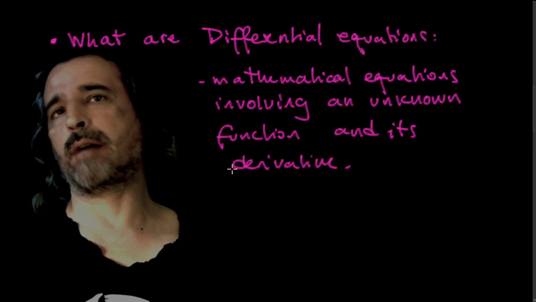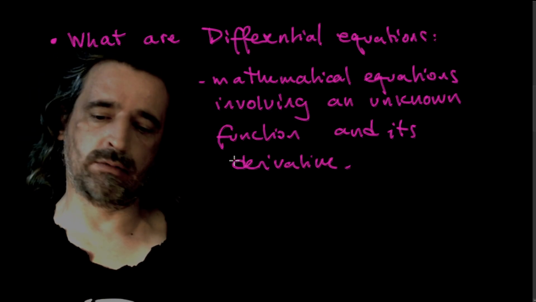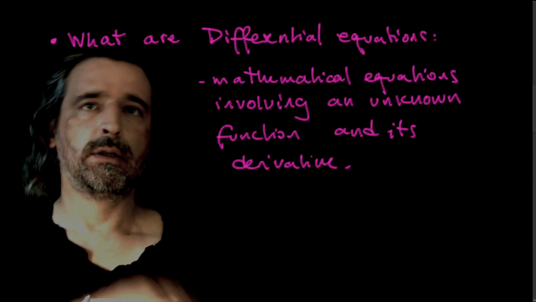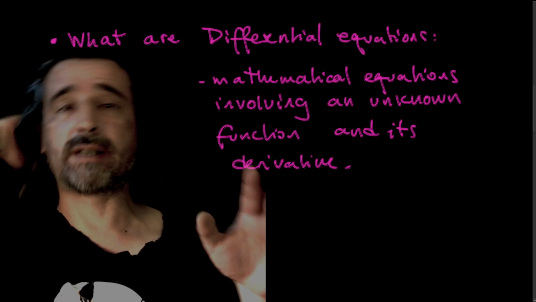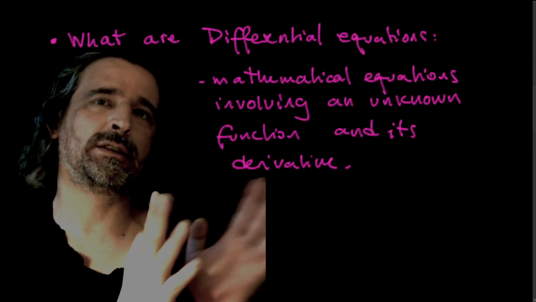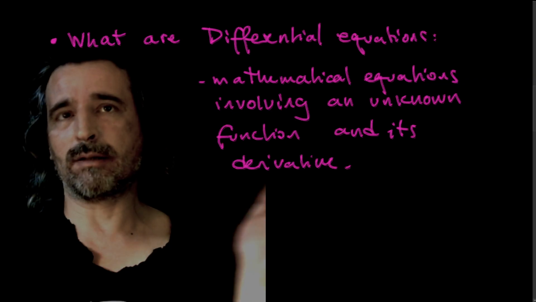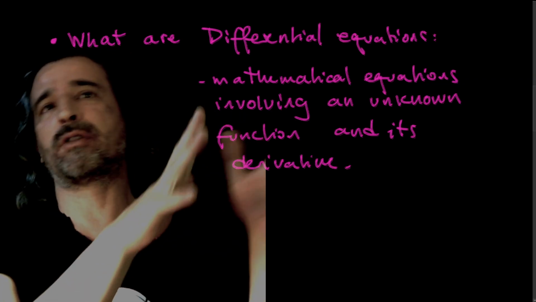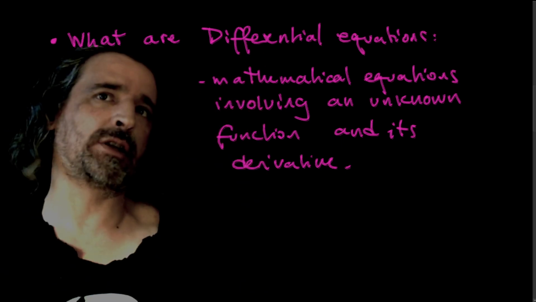The simplest example of a differential equation, which is one of the ones that you should absolutely be able to do by hand, is exponential growth. I believe that if you are not able to do the exponential growth by hand, you shouldn't pass the class. So you better know how to do exponential growth by hand and understand what exponential growth is.